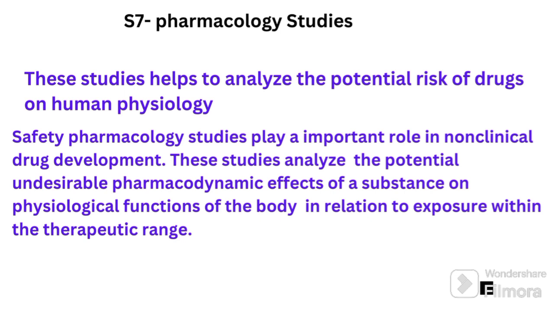These studies analyze the potential undesirable pharmacodynamic effects of the substance on the physiological functions of the body in relation to the exposure within the therapeutic range. Means the drug is analyzed for how much impact it has on the physiology of the human body, and this test is done within the therapeutic range or therapeutic dose of that drug.